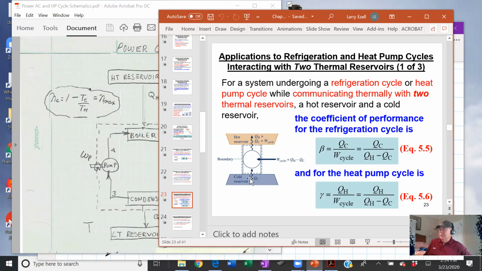This would be like the room we're trying to air condition, the building we're trying to air condition, or the freezer we're trying to freeze the food. This would be that area. We're pulling heat out of there, and we got this cycle here. And then we're rejecting heat out to the outside.